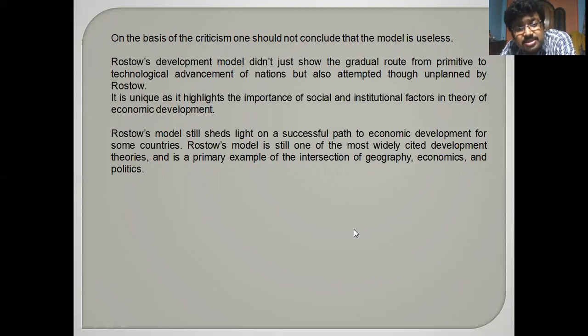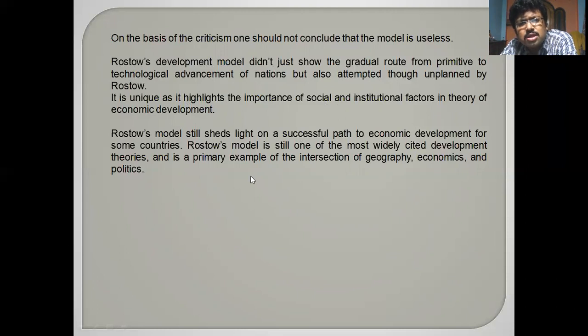Rostow's model still sheds light on a successful path to economic development for some countries. Rostow's model is still one of the most widely cited development theories. It is a primary example of the intersection of geography, economics, and politics. So this is the conclusion.